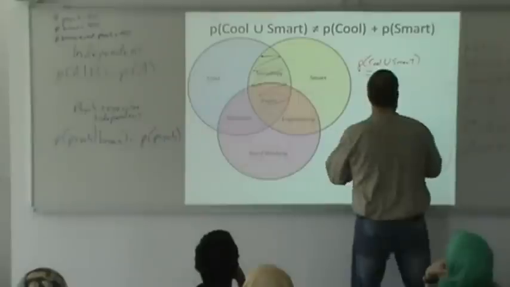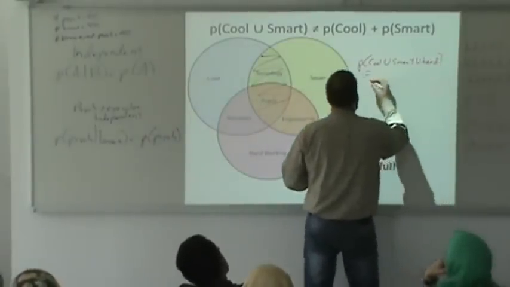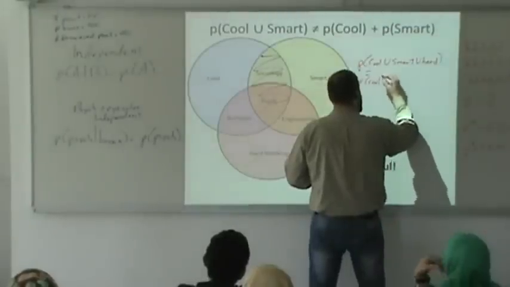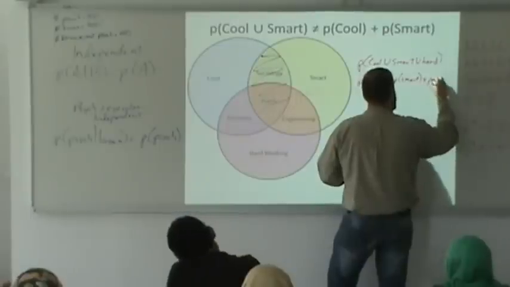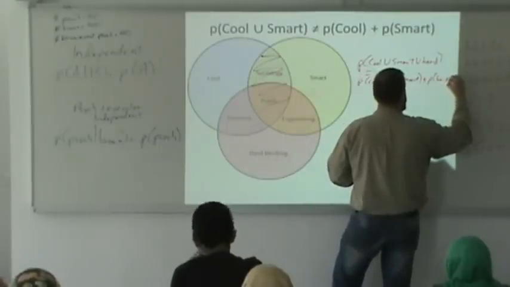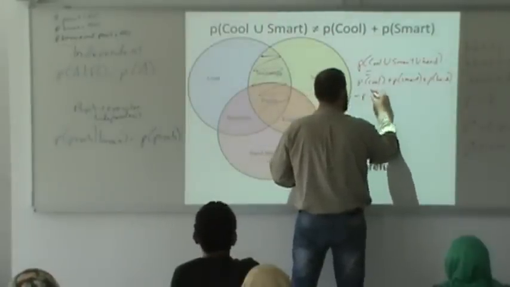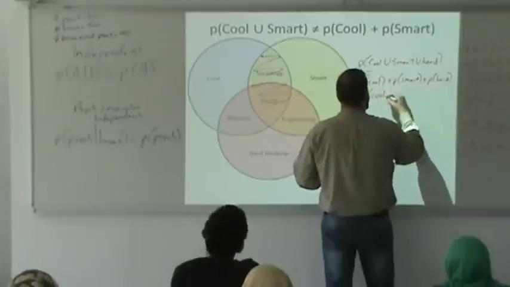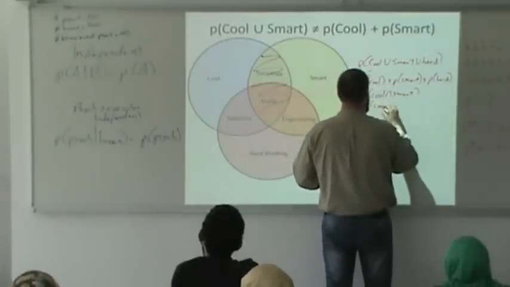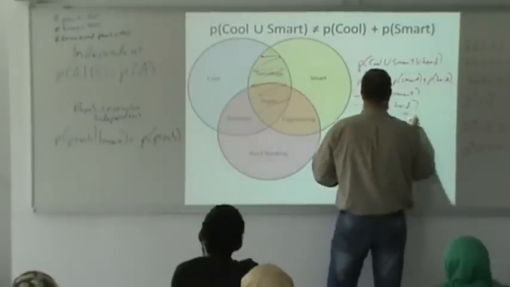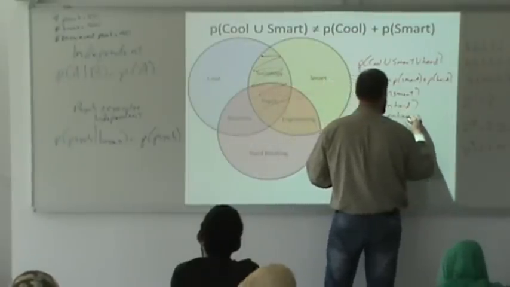Okay, so cool, smart, or hard is going to equal probability cool plus probability smart plus probability hard minus cool and smart minus cool and hard minus smart and hard.